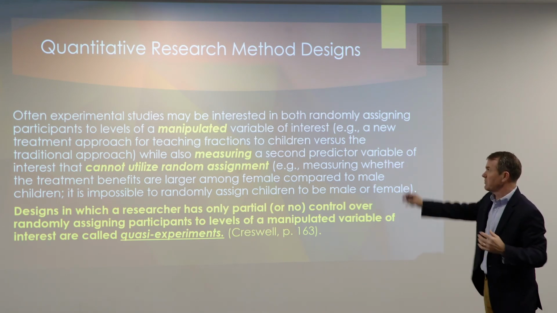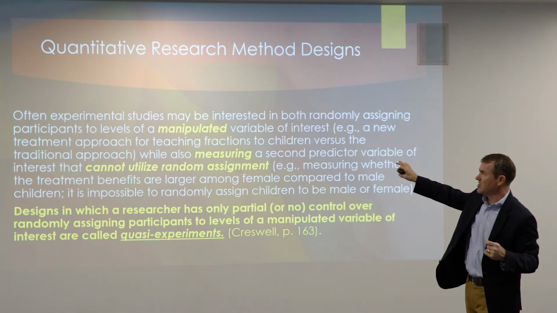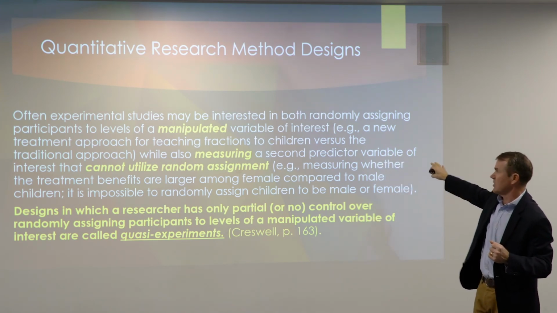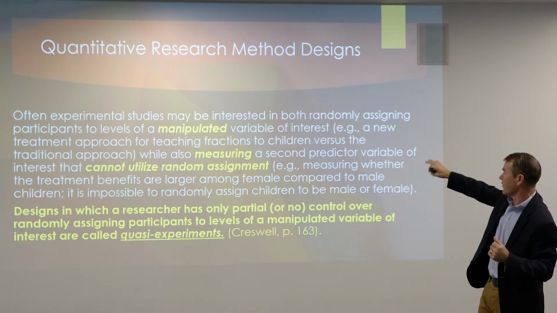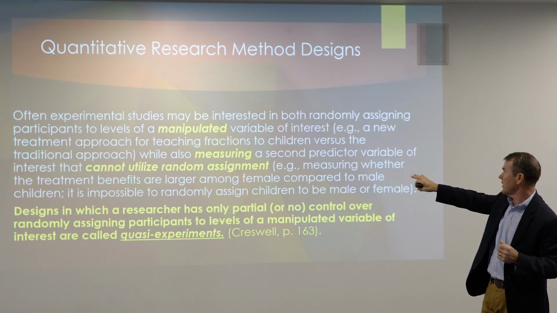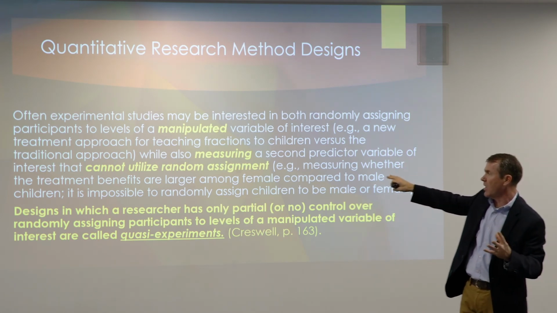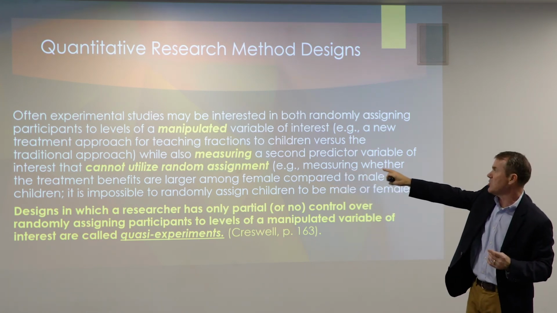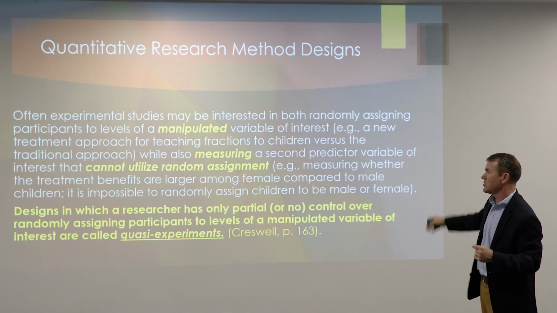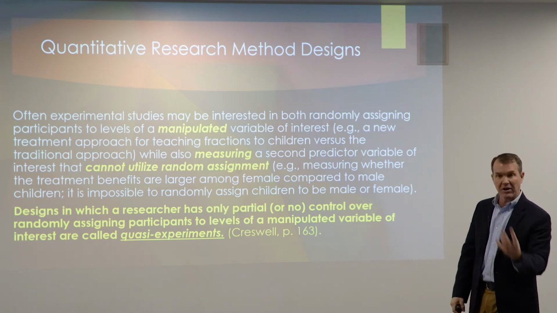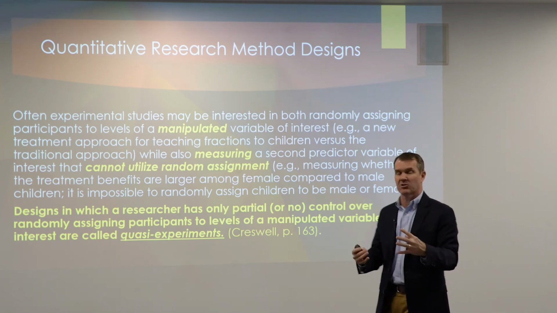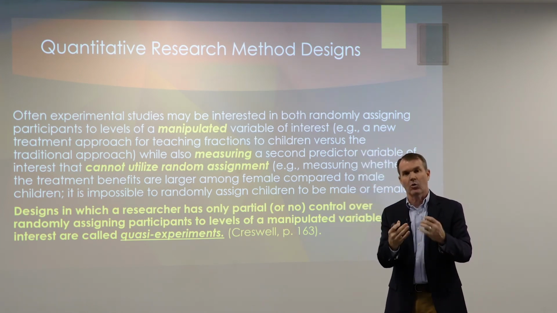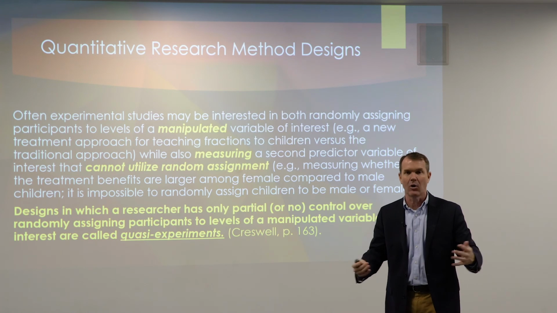In experimental studies, participants are assigned levels of a manipulated variable of interest, like a new treatment protocol or fractions with children. In quasi-experiments, you're measuring a second predictor that cannot be manipulated, so you cannot use random assignment. In other words, measuring whether or not the treatment is better for males or females. Do males or females learn fractions differently? Well, you might look at that, but in a quasi-experiment, you can't control if you're male or if you're female.